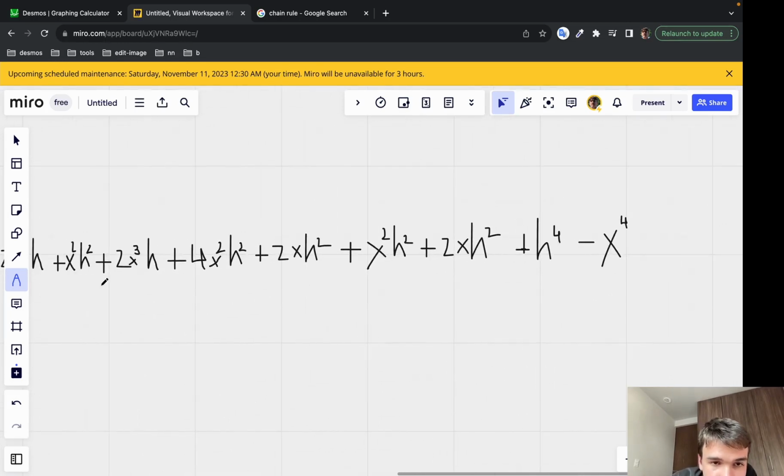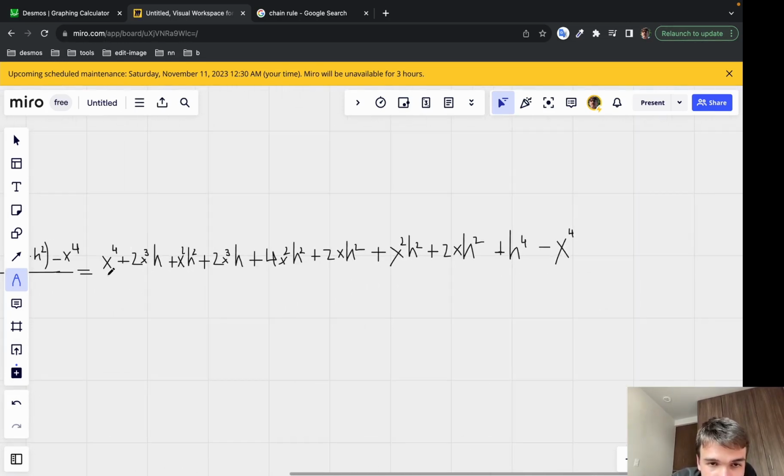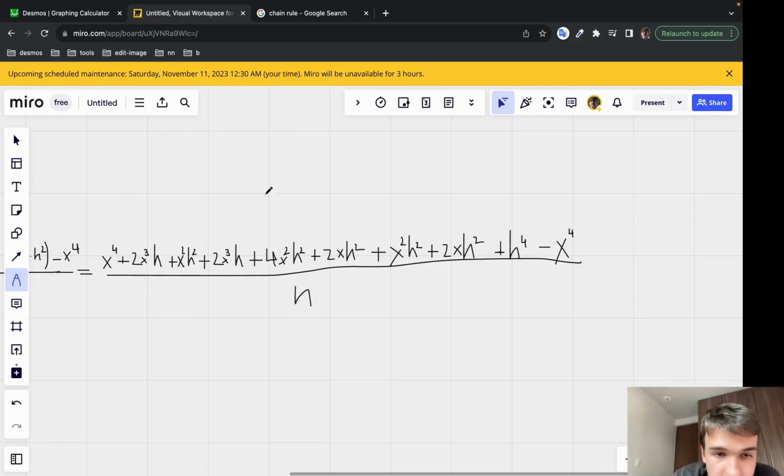And then this whole very big equation just over h. So now let's find these similar parts here. So first I want to say that this one is similar to this one, and then I'm going to say that this one, I'll just put it, is similar to this one.